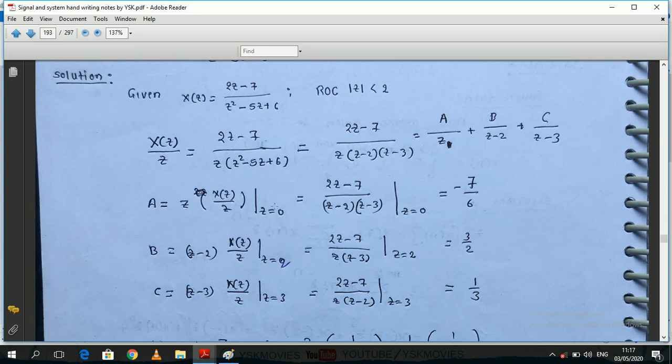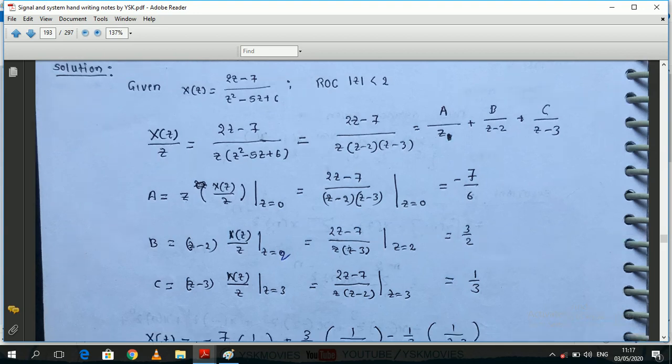Replace x of z by z with 2z minus 7 over z into z square minus 5z plus 6 and put z equals 0, which is equal to minus 7 by 6. So you can pause it and observe.